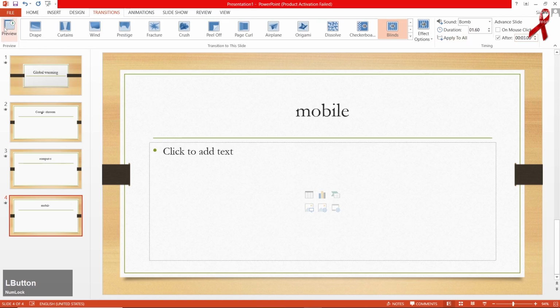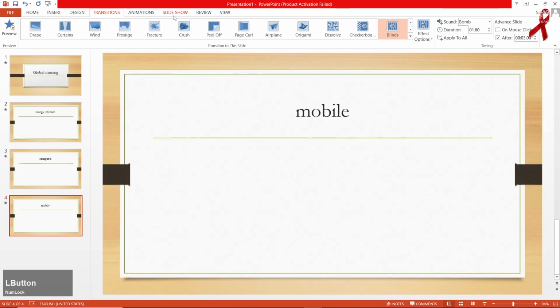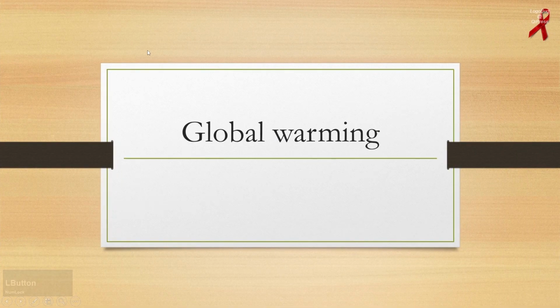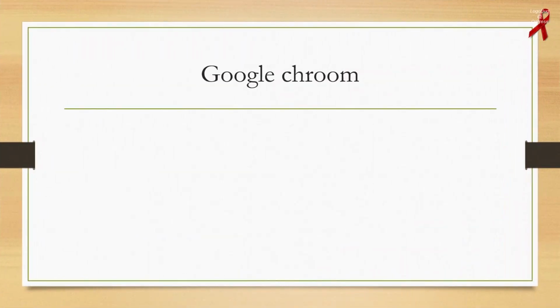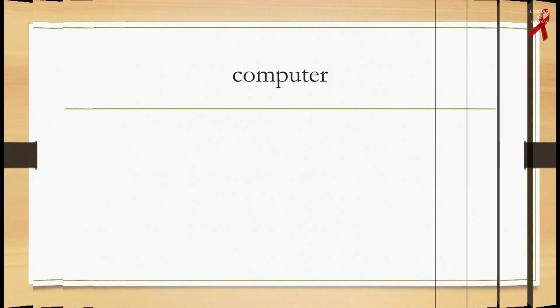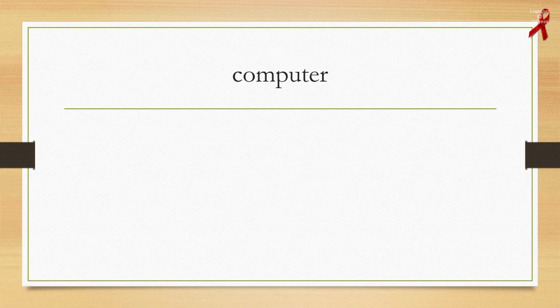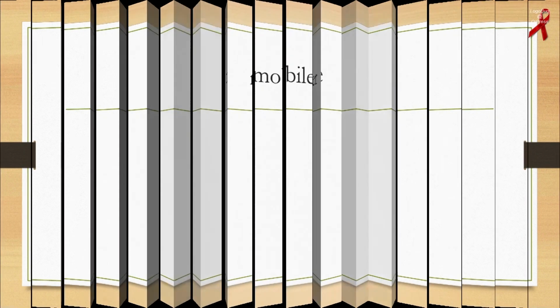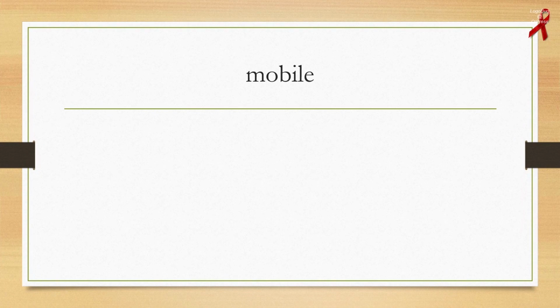Apply to All, preview that, and go for Slideshow From Beginning. Now this time you don't need to click your mouse. It will go itself to the next slide after the specific duration I have set. You can observe that all of the transitions are happening by themselves.